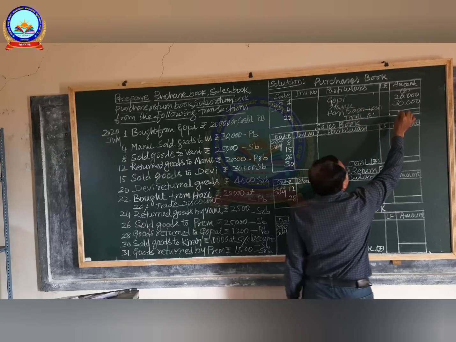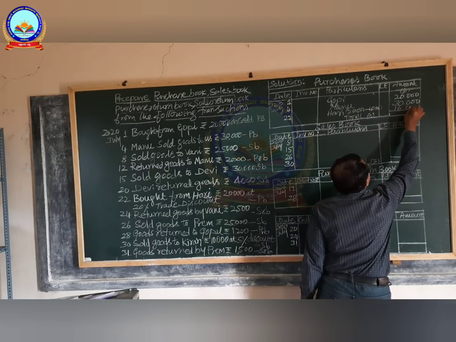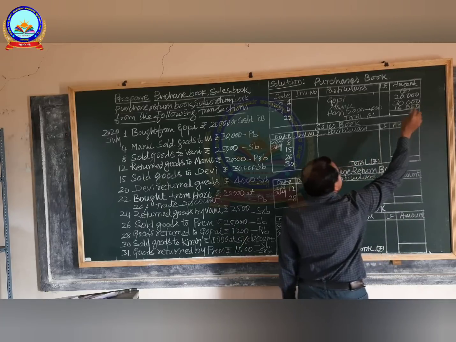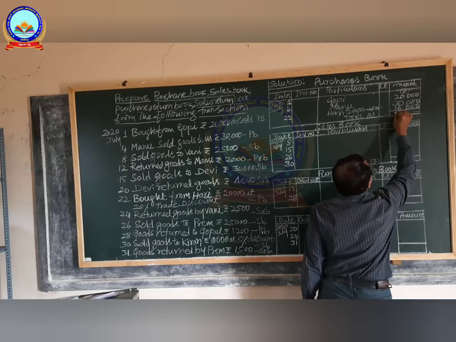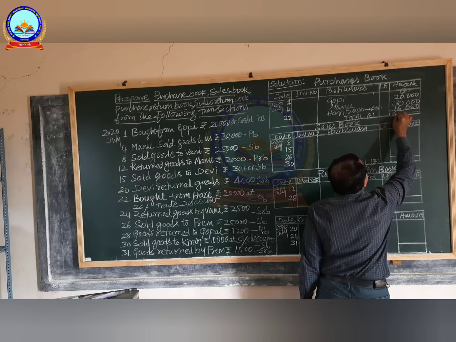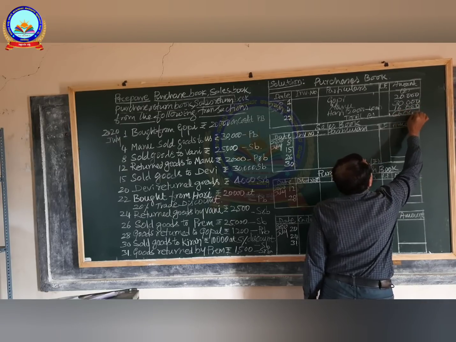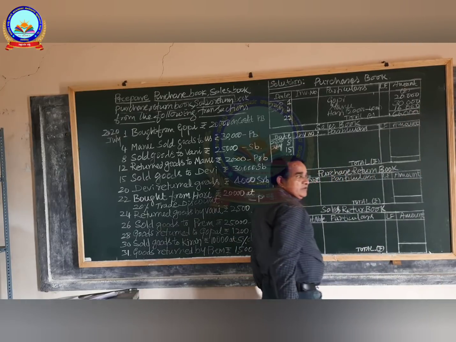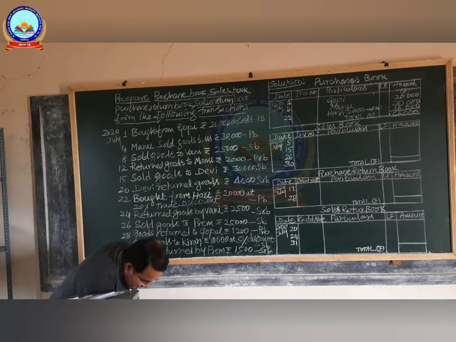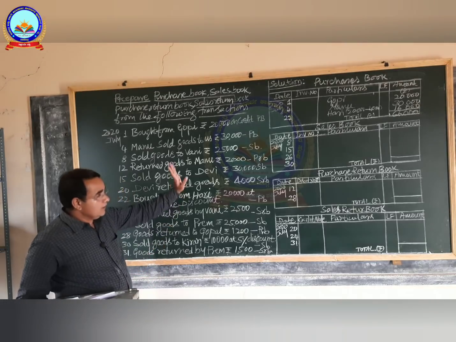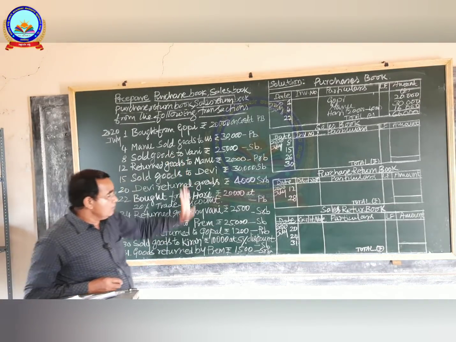The net amount is rupees 16,000. The total of the purchases book comes to rupees 66,000. In this way, we have to enter the transactions in the right subsidiary book.